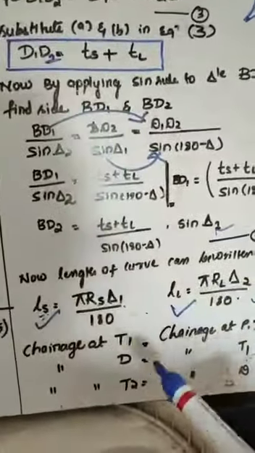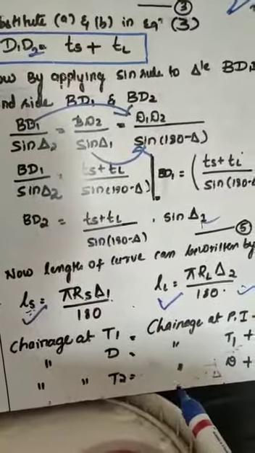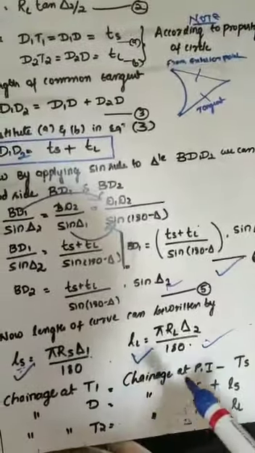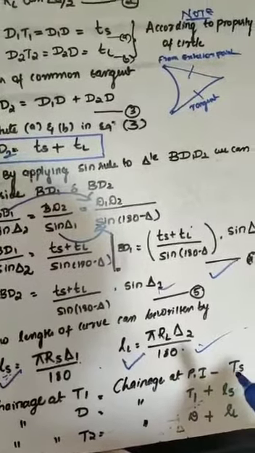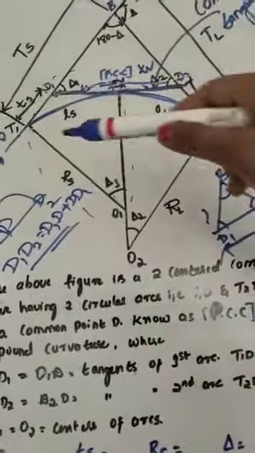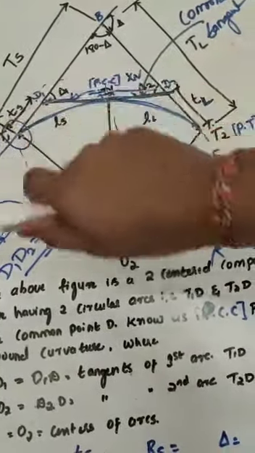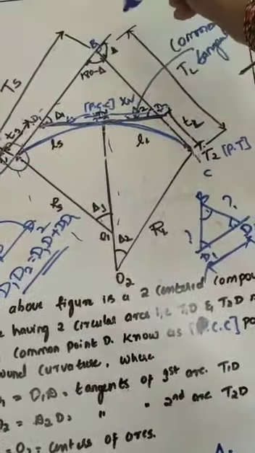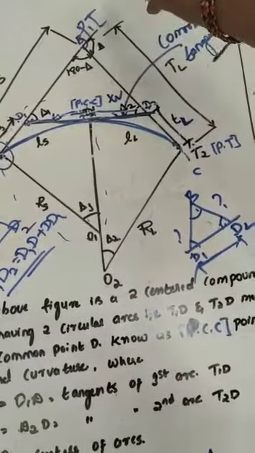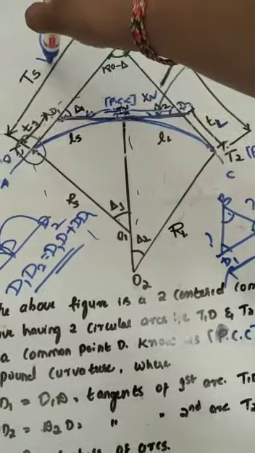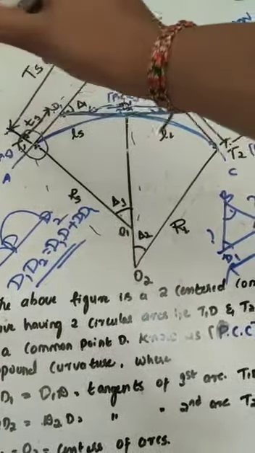Next, in a similar way, we can find out the chainages. Chainage at T1 is nothing but chainage at the point of intersection minus TS. That is, if we want the chainage at T1, and we know the value at the point of intersection, then from it if we deduct capital TS, we will get the tangent point T1.